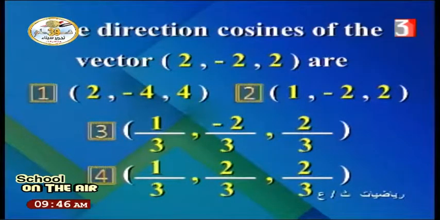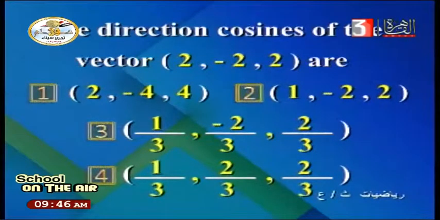But before we choose the correct answer, we find the direction cosine. First, we find the norm of the vector using the square root of 2 squared plus negative 2 squared plus 2 squared, which equals 4 plus 4 plus 4, root 12.